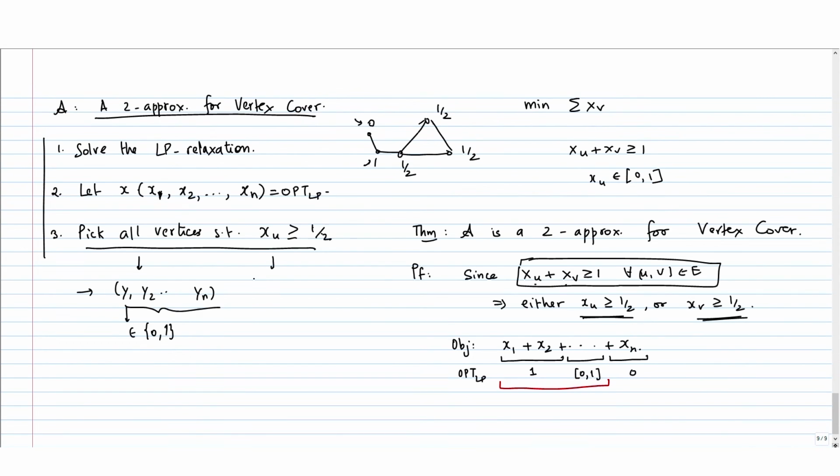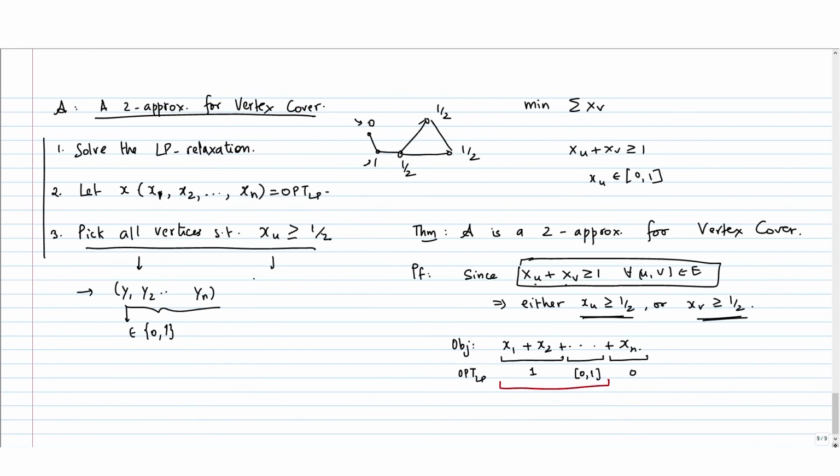Now, first of all I want to claim that this is a feasible solution. Why is it a feasible solution? Look at an edge, xu plus xv is at least 1, that is the constraint satisfied by the linear program. So, one of these vertices has value at least half, and then we will take at least one of the endpoints, which means the edge is covered. So, every edge is covered by the solution returned by our algorithm.